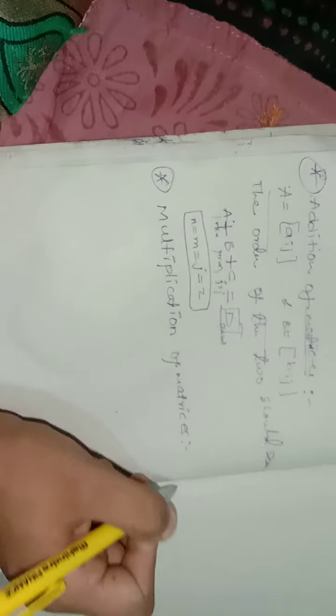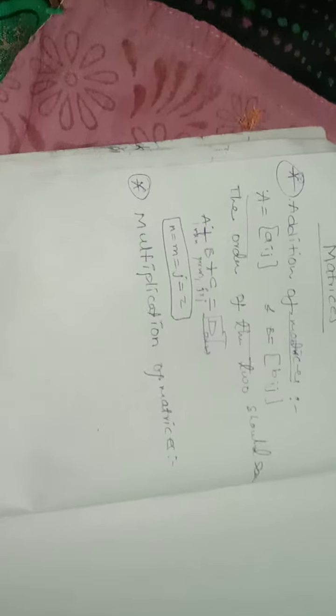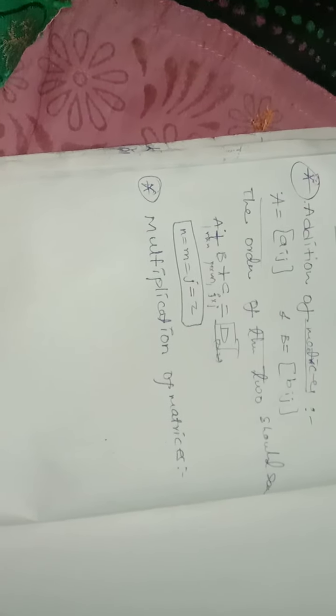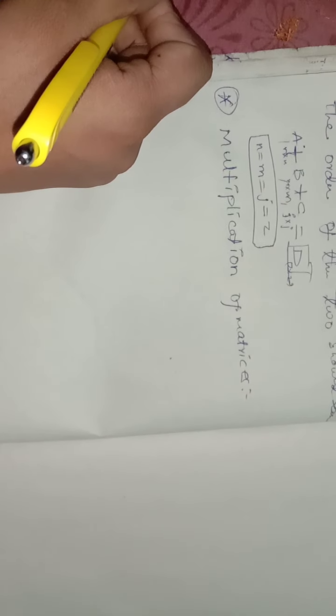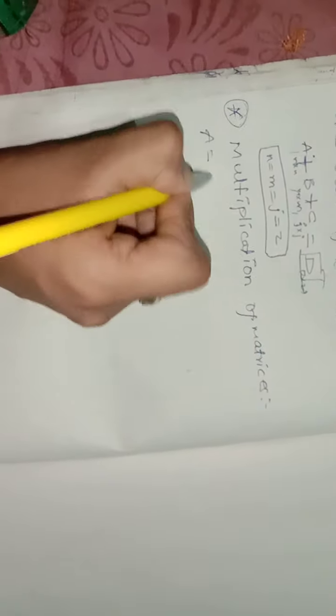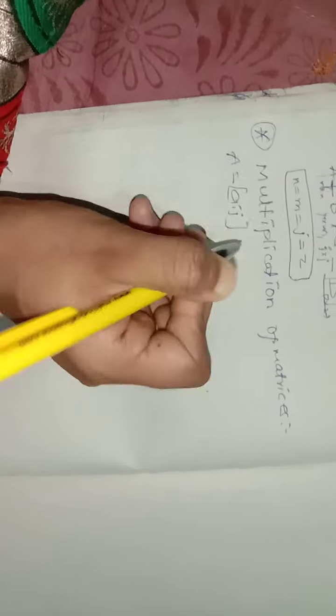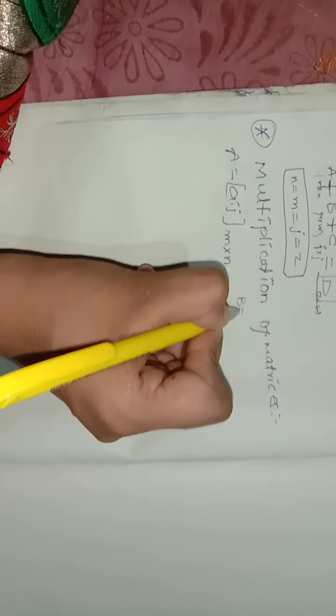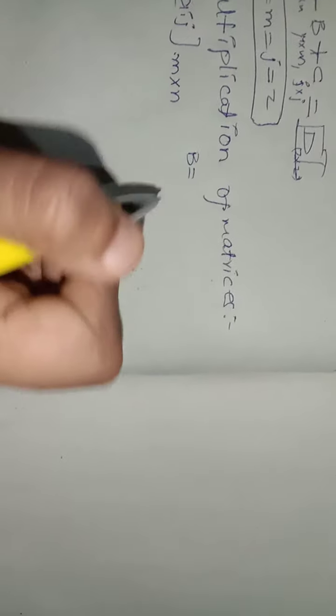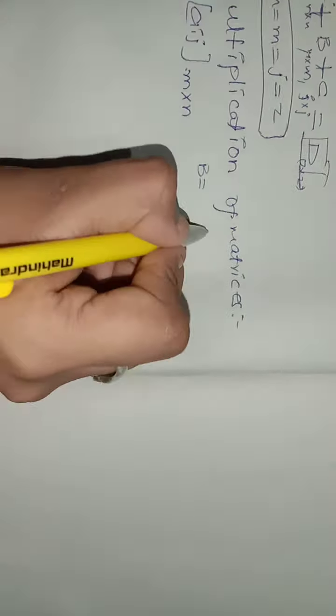In multiplication of matrices, for example, consider a matrix Aij of order m cross n, and B is a matrix Bij of order, let us say, P and Q.